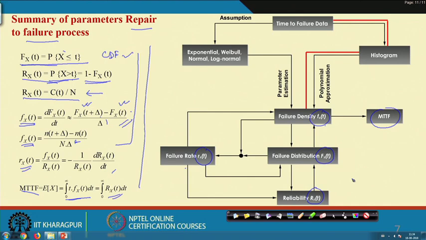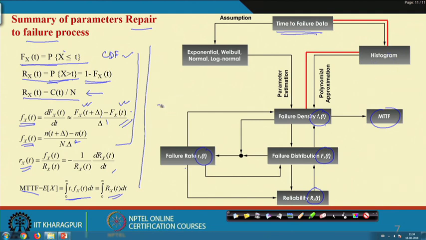But many a time what happens is you just take the time to failure data and derive all those things, not in the manner we have discussed from the basic fundamentals of this distribution. So here, once you have time to failure data, you can plot the histogram.